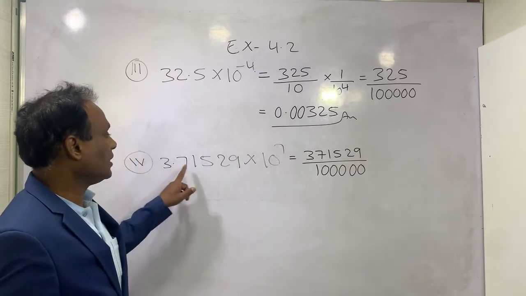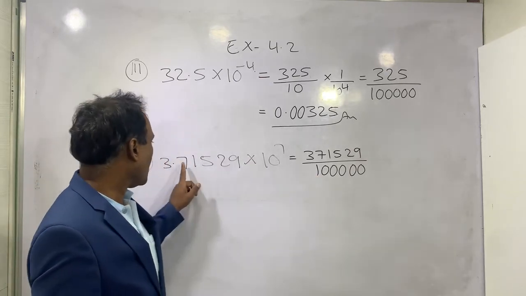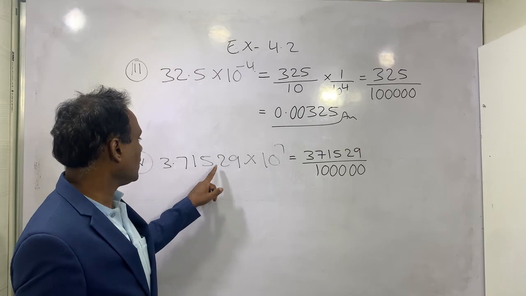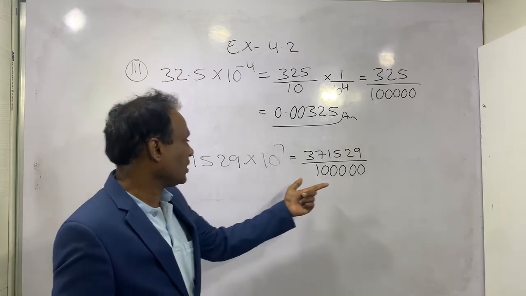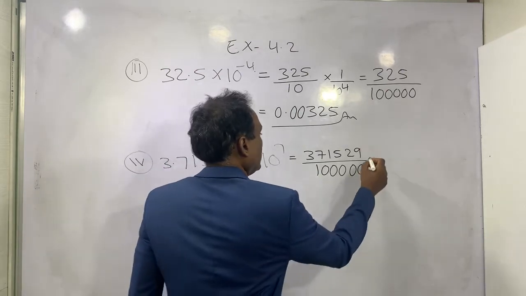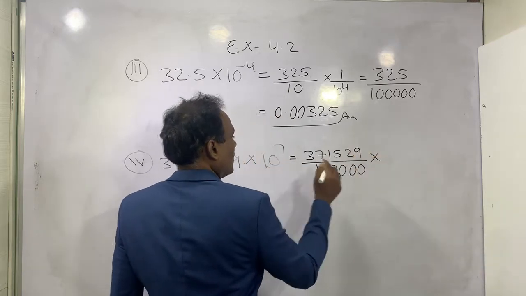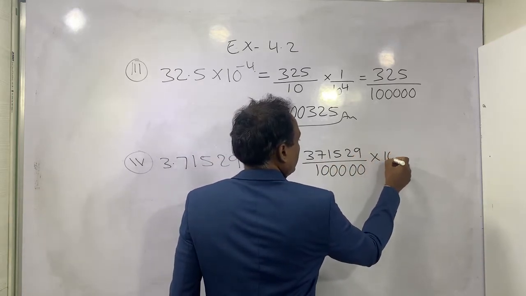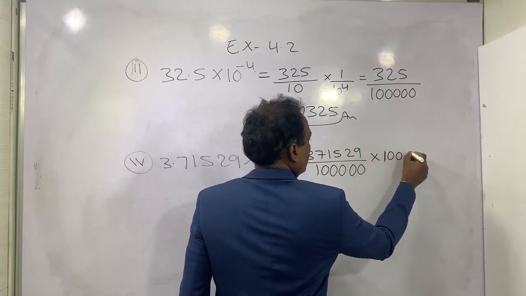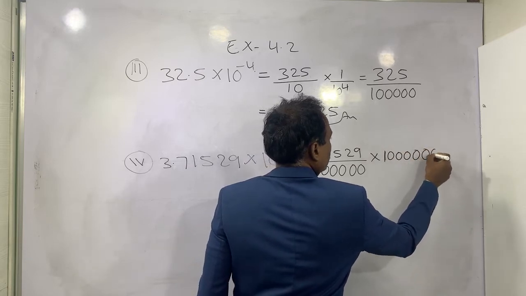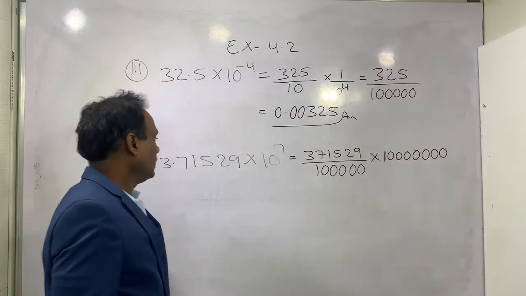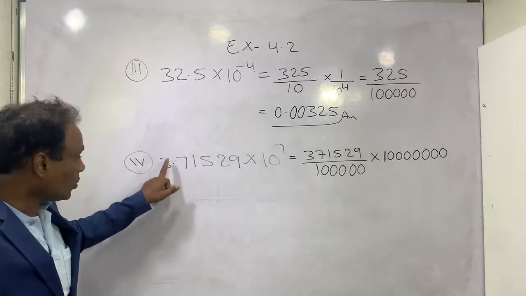Remove the decimal. For that, write 1. After decimal, 1, 2, 3, 4, 5 digits, 5 zeros, into 10 power 7. 10 power 7 means how many zeros? 7 zeros. First step, I removed this decimal.